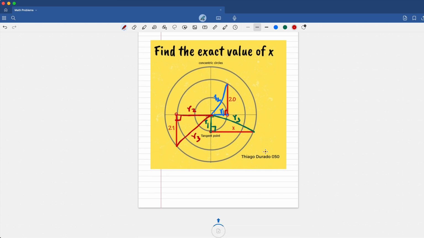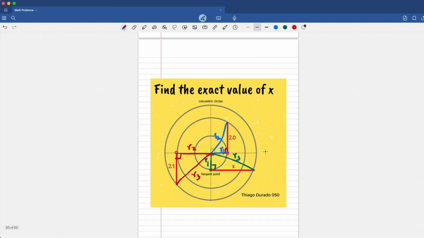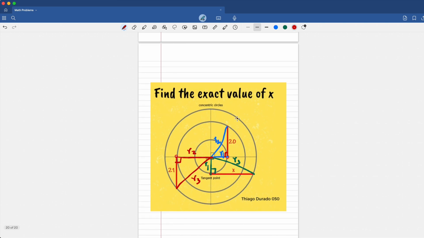So all you have to do to solve this problem is to basically write down the equation. Let's start with the equation which has x in it. R3 squared, the hypotenuse squared, is R1 squared plus x squared. That's for the first triangle that I drew.